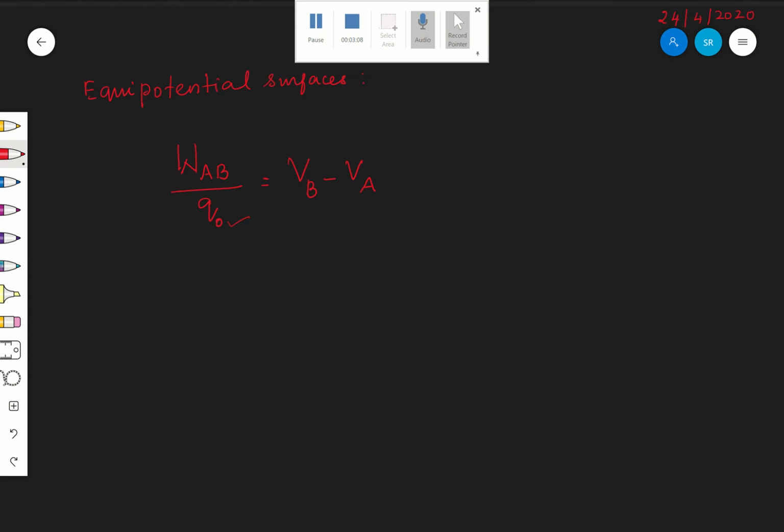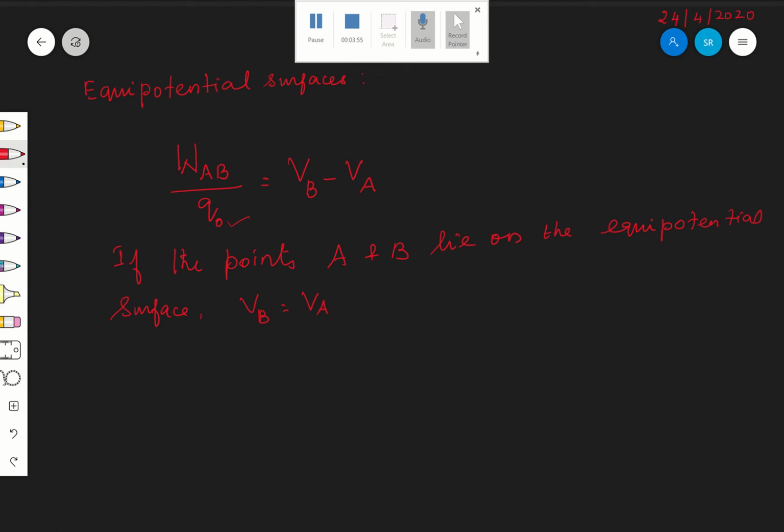If these 2 points A and B lie on the equipotential surface, then you can say that V_B is equal to V_A. Why? Because by definition, on an equipotential surface each and every point is at the same potential.